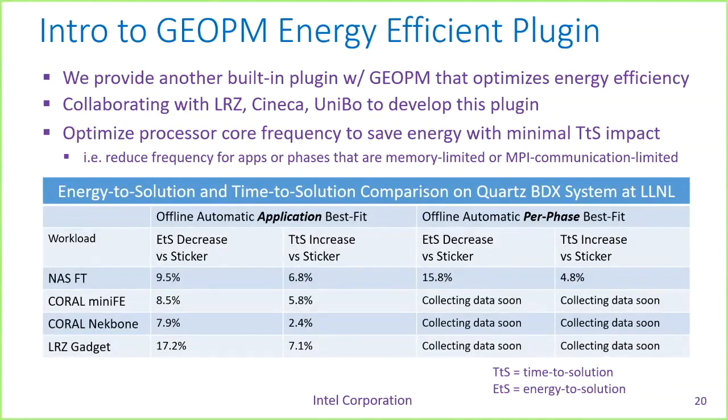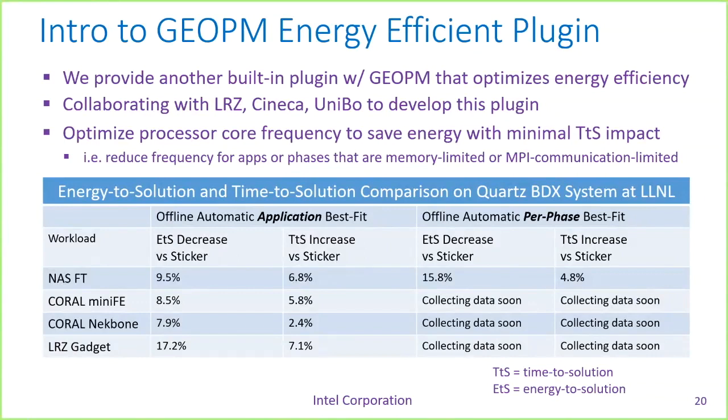And instead of running at that fixed frequency, we find the optimal frequency from the perspective of energy consumption, subject to the constraint that we don't degrade time to solution by more than some configurable percentage.